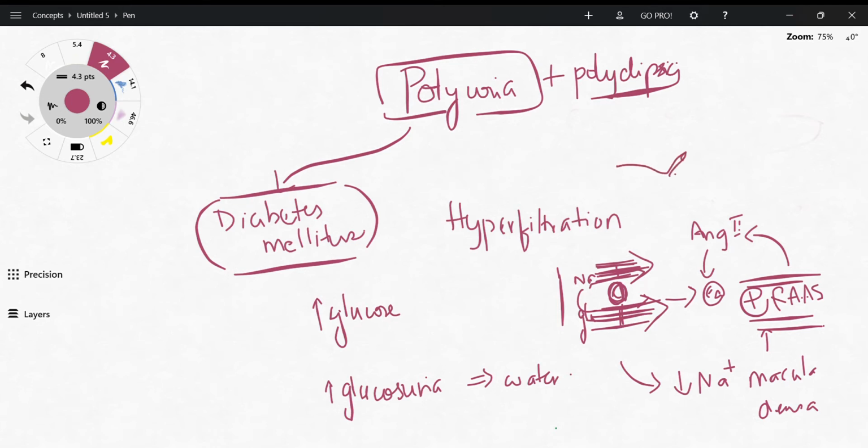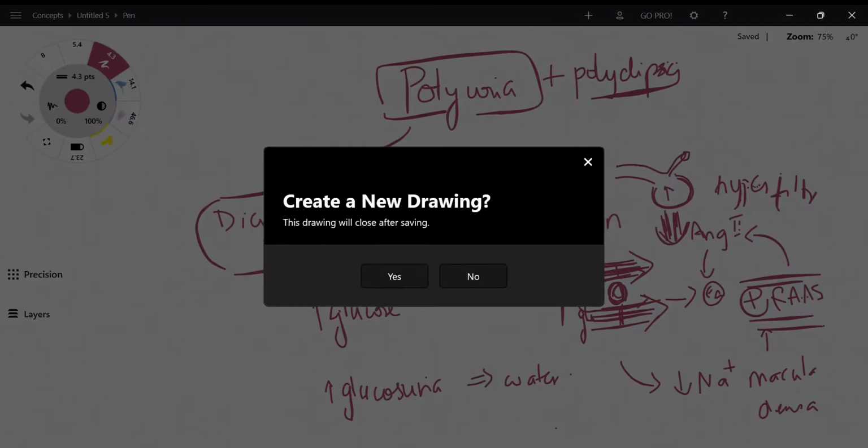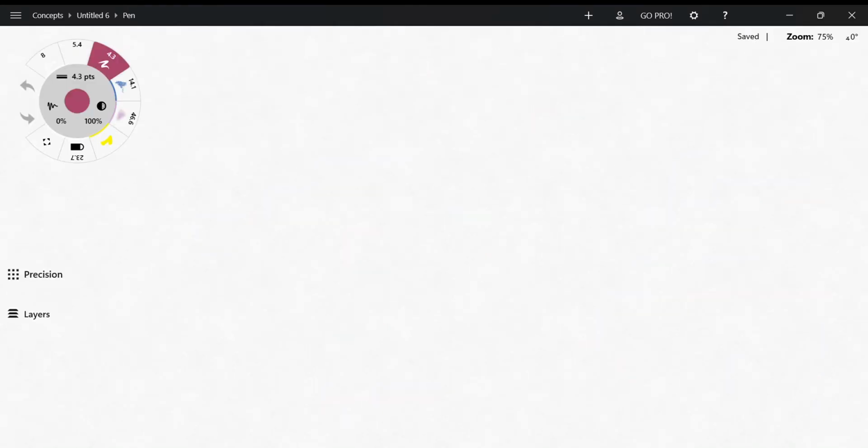And when that happens, there's going to be increased pressure in the glomerulus, which causes hyperfiltration, and that is actually the first step in the development of diabetic nephropathy.